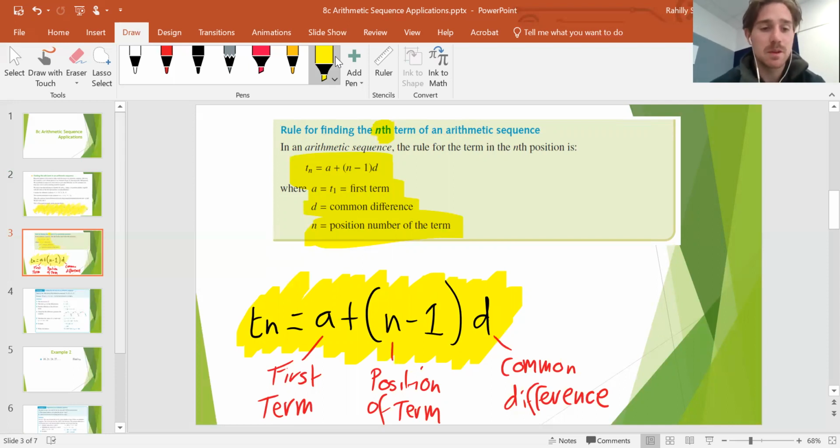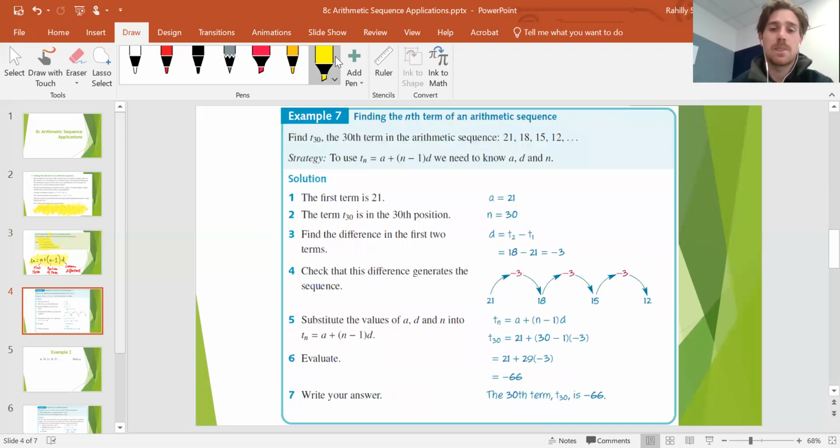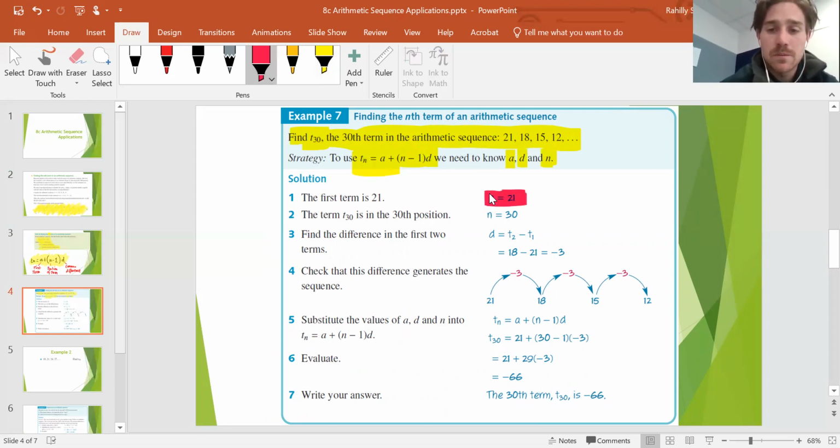Moving on, there's a couple of examples we're going to go through. Okay, so this is our question here. Find T30, or the 30th term, in the sequence 21, 18, 15, 12. Strategy: to use that formula, we need to know a, d, and n. So a being our first term, it is 21.